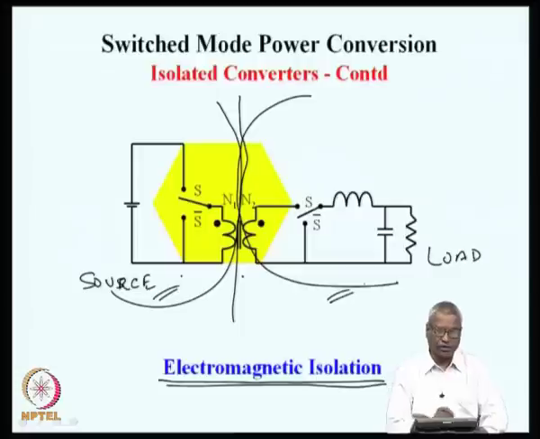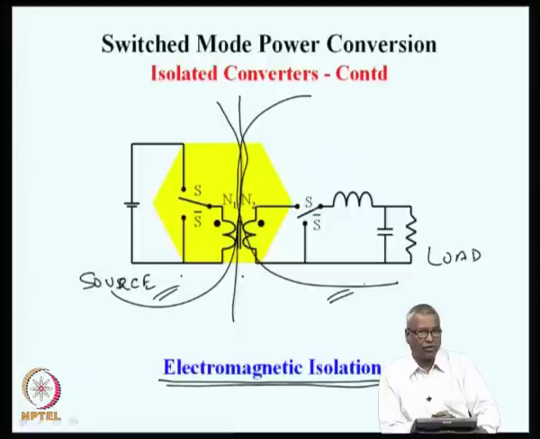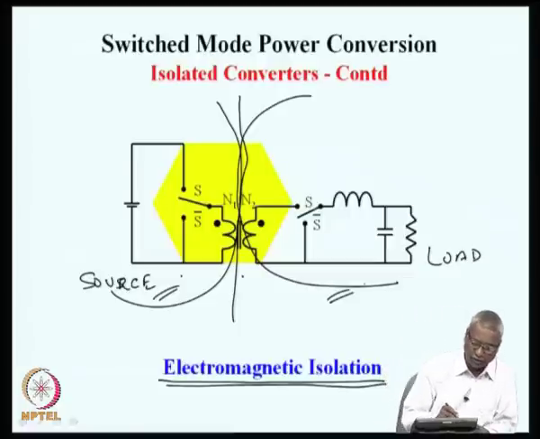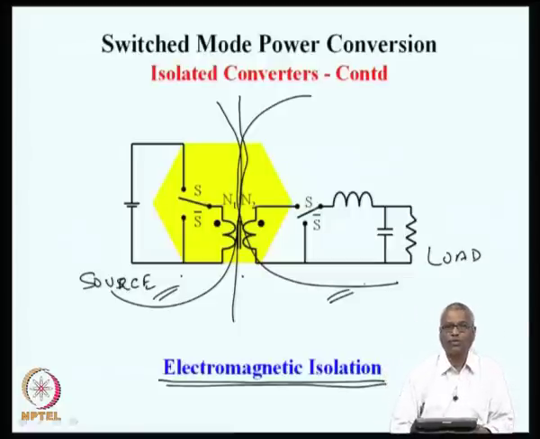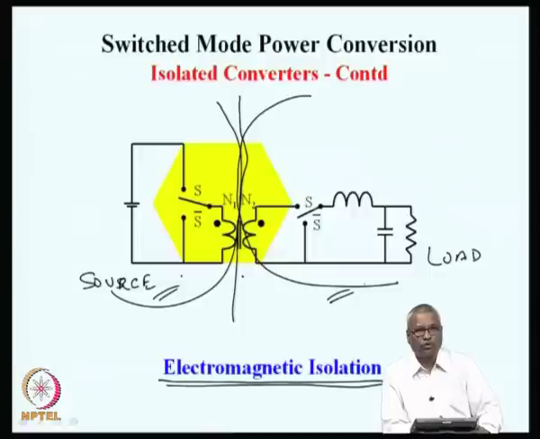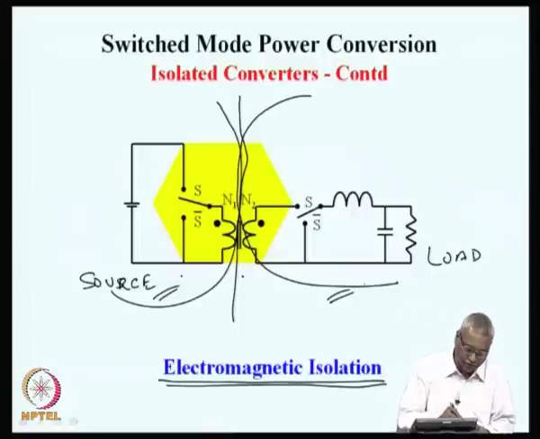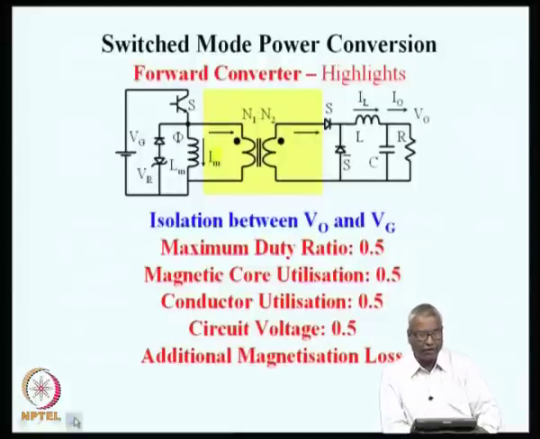So, for that we saw that the flux balancing required suitable resetting of the magnetic core, and in the whole of last lecture we went through the process of what is known as a forward converter, where the reset process of the magnetic circuit was being done with losses.